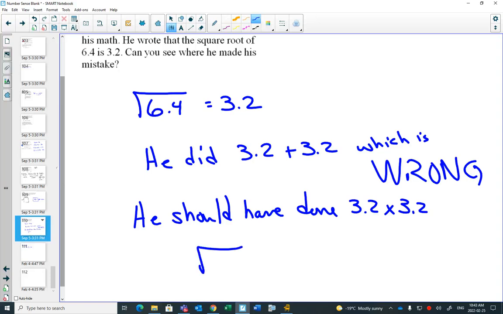Square root of what should have gone in here? 10 point something. 10 point, what do you got? 10.24. Oh, I should have got that.